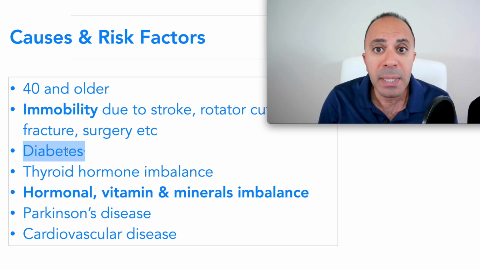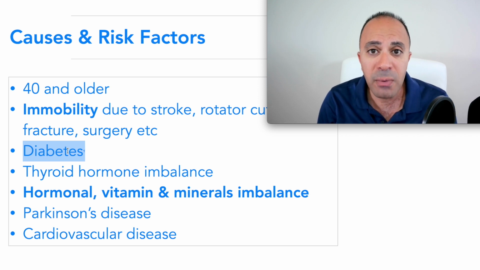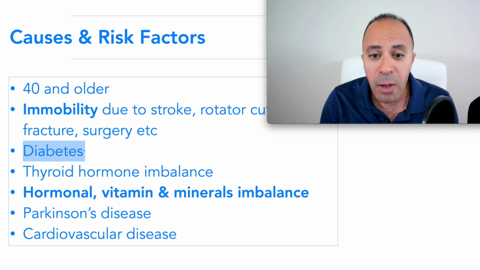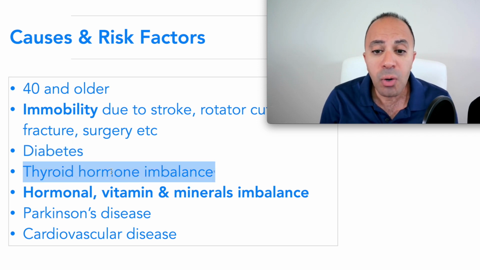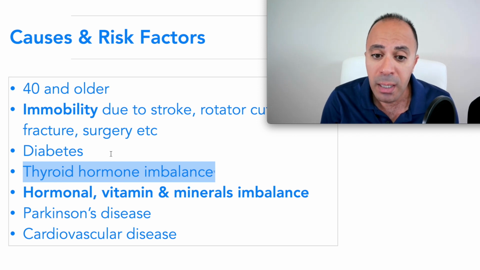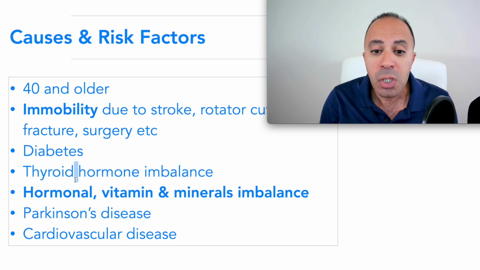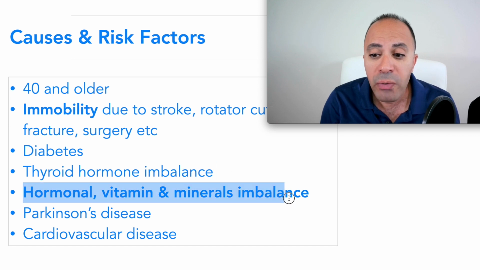Immobility usually happens when a patient has a stroke, rotator cuff tear, fracture, or surgery. Diabetes is a very common risk factor because the body is slow to heal. Their body produces an excessive amount of fibrosis without breaking it down. Thyroid hormone imbalance is a very high risk factor. I see that a lot in my patients, and it's extremely overlooked by a lot of healthcare providers.